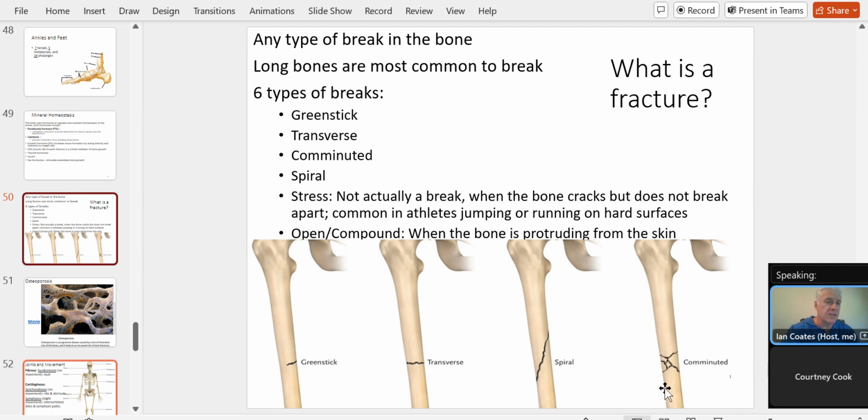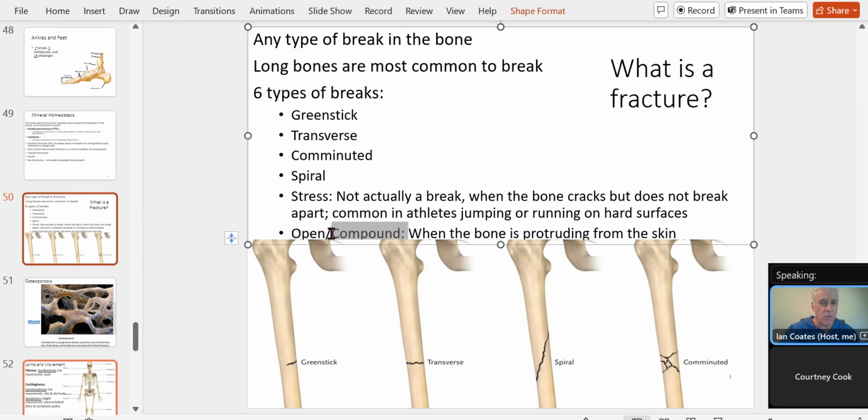One of the worst ones to have is what we call a comminuted. Okay, it's where the bone has been smashed, like in a car accident, and the bone has to be placed back together bit by bit. Okay. You can have an open or compound fracture.